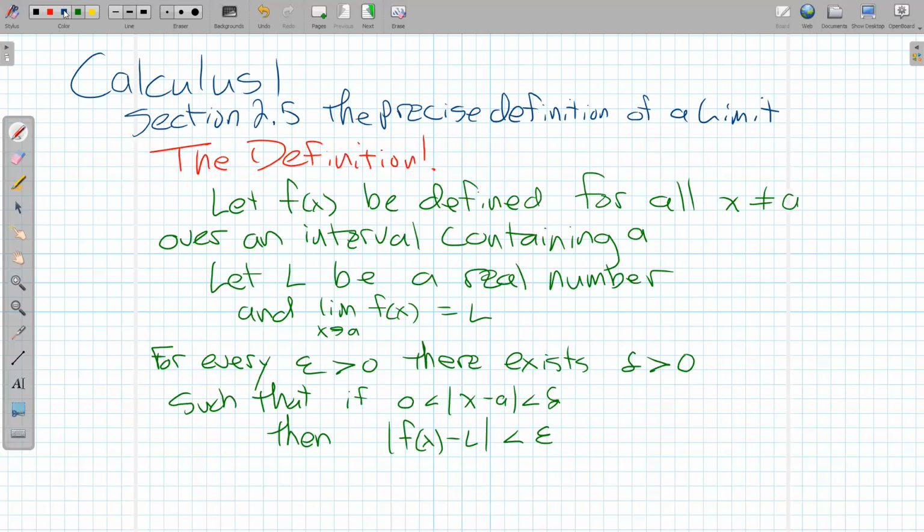I'm going to draw a little picture of this off to the side here. Let's suppose this is our function here, and we're zooming in at the place where x is equal to a.